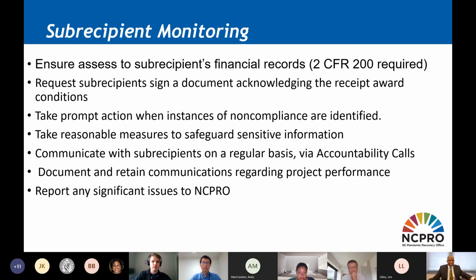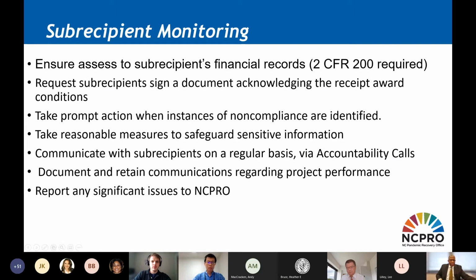We must have access to any records that we need. We will have an acknowledgement of receipt of award form that we will ask to get signed. Of course, the MOU is going to be signed, but there's a specific document we want signed that acknowledges receipt of these instructions and the expectations.